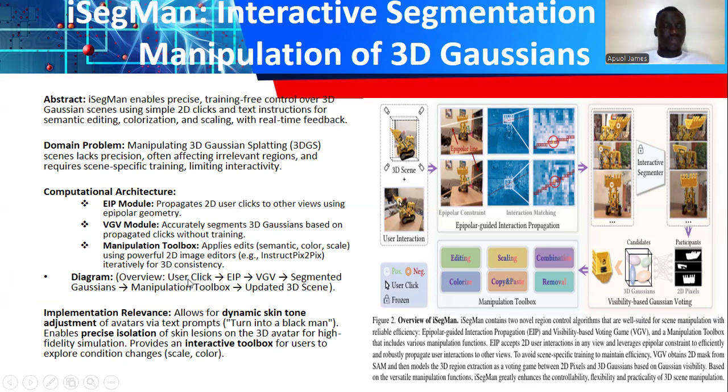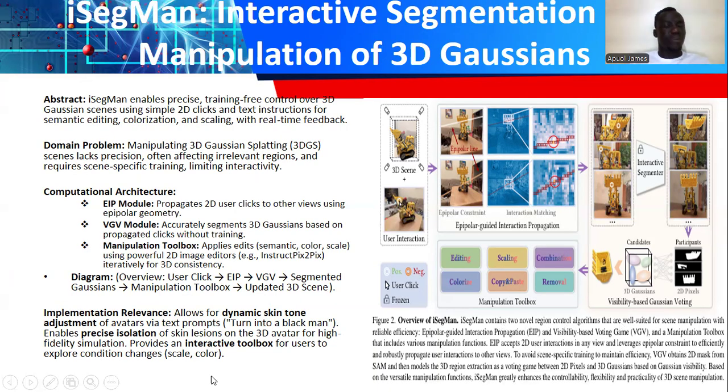And then the user clicks, I viewer. Okay, this is actually hard to understand here, but in theirs it is what. So from the overview, it says that this one contains two novel region control algorithms that are well suited for scene manipulation with reliable efficiency, and then very many things come along.